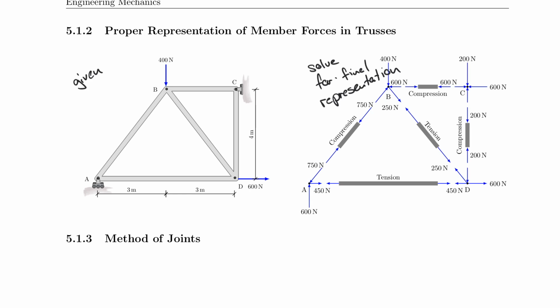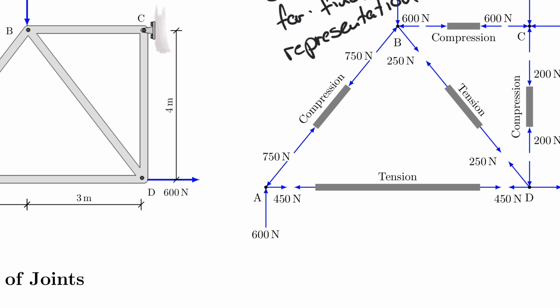So let's take a look at, for example, node A. If I take a look at node A, I can effectively release it by cutting this node. And when I do that, I end up with this part. And what you see is that the 600 is pushing on the node. So that would put it in compression, but it's a support reaction, so we don't worry about this.